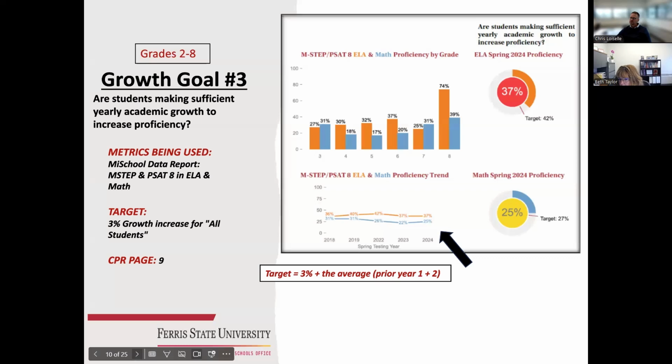We would add 3% to that. So that's where you're getting the target of 27. This academy has scored a 25% for 2024. Therefore, if you look at the metrics back on page 4, you would see that the difference puts this academy at approaching.